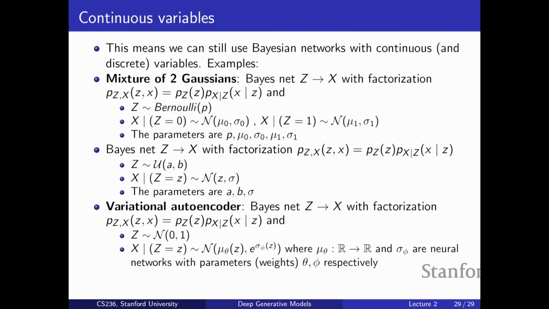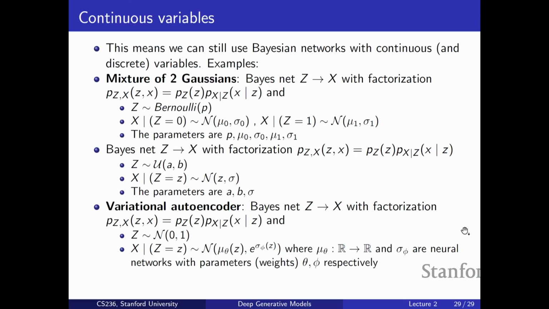A more interesting one is the variational autoencoder, which we're going to cover in depth in future lectures. But at the end of the day, a variational autoencoder is this Bayesian network with 2 nodes, z and x, and the assumption is that z is sampled from a Gaussian. So p of z is just a simple Gaussian random variable.